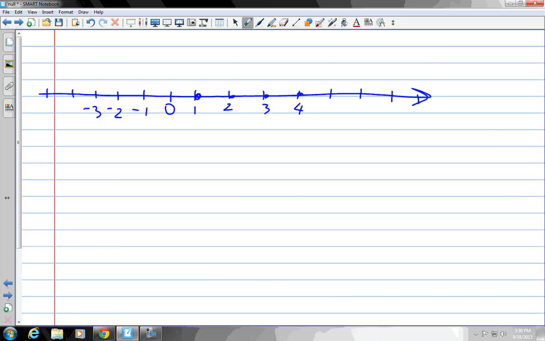Okay? I still have gaps. Do you agree with that? Now, what goes in between those numbers? What goes in between 1 and 2? What kind of numbers go in between 1 and 2? Yeah, decimals, right? The fractions. Do you agree with that?